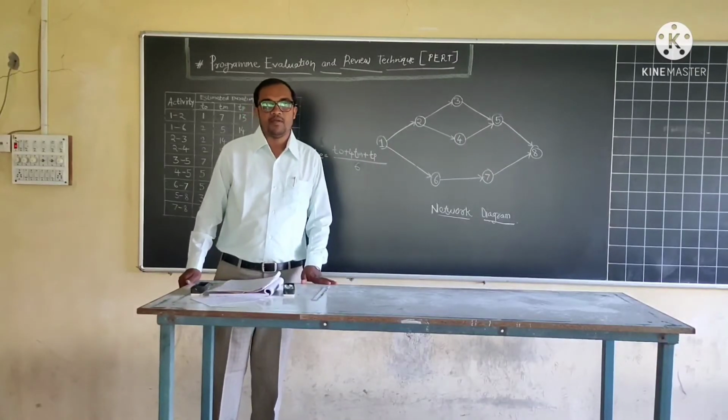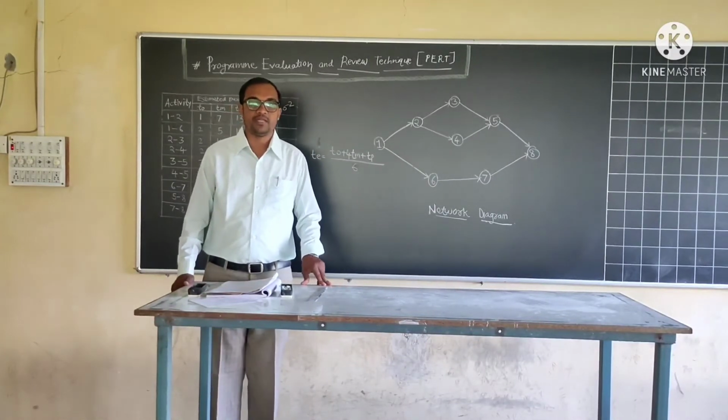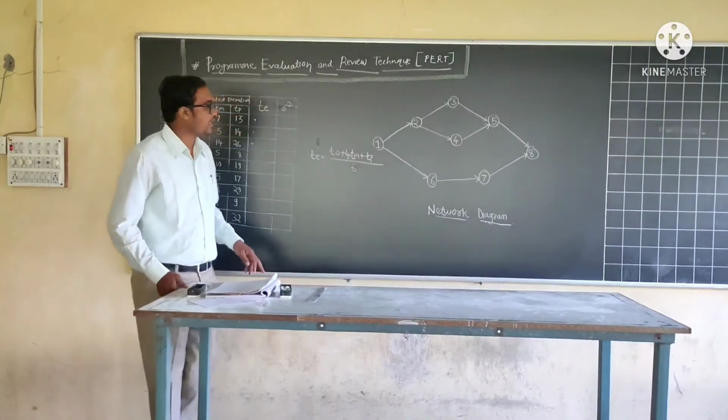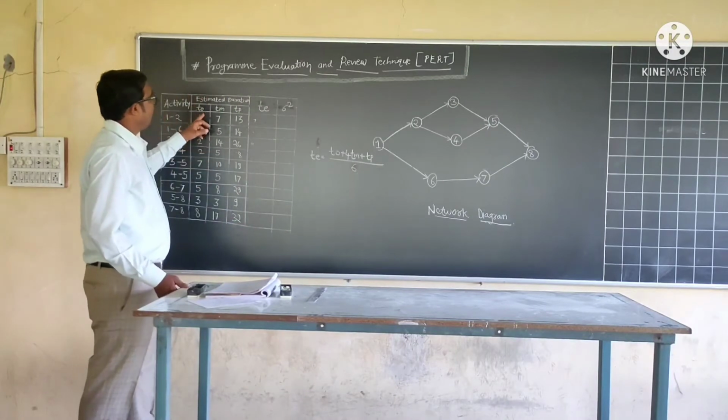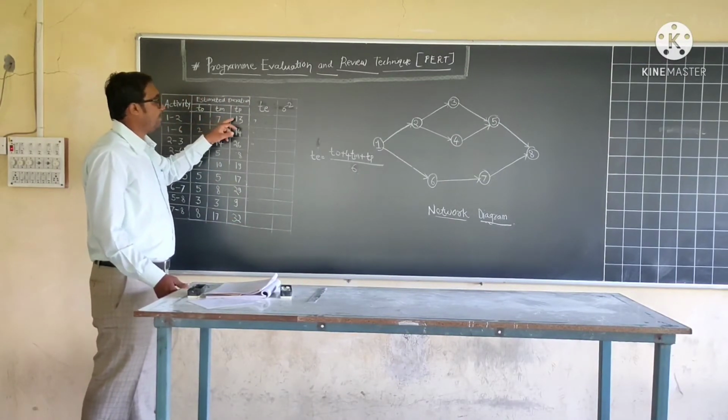In CPM, activity duration is directly given, but in PERT, it is not. The duration is given in the form of TO, TM and TP, that is optimistic time, most likely time and pessimistic time.